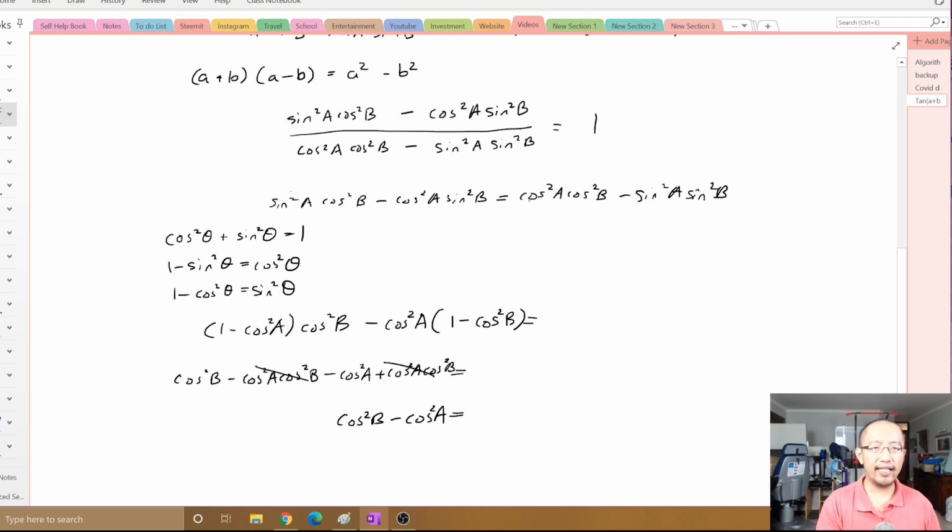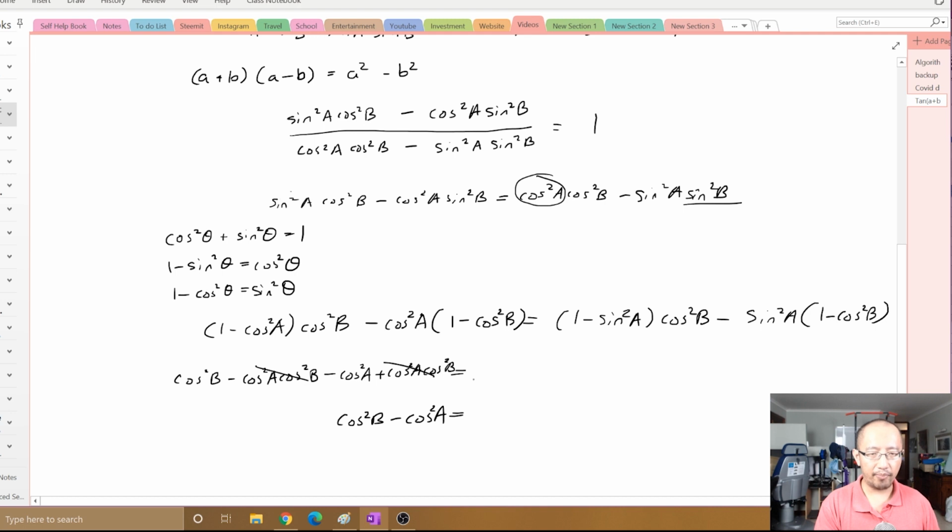Okay, and on the right-hand side, let's now work on the right-hand side. It doesn't matter which one you pick. Again, I'm just going to pick that one. So it's 1 minus sine squared a cos squared b minus, and then here I'm going to pick, let's say this one, sine squared a times 1 minus cos squared b.